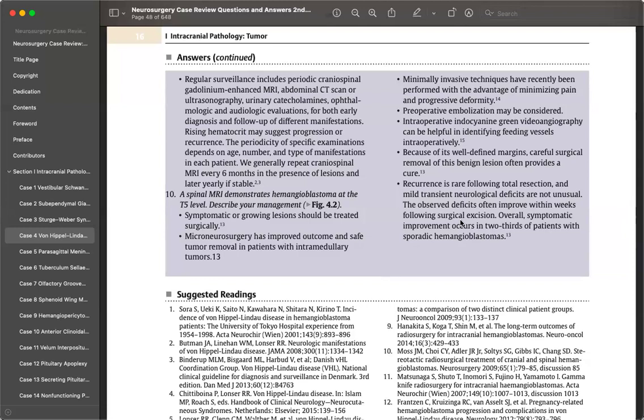Thank you. Maybe something also to add is that it's important for us to do intraoperative neuromonitoring during posterior fossa surgeries.